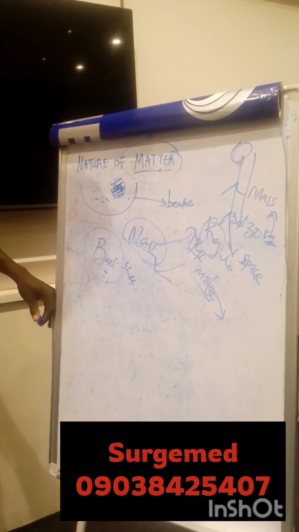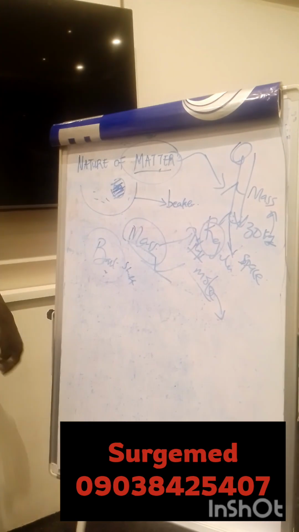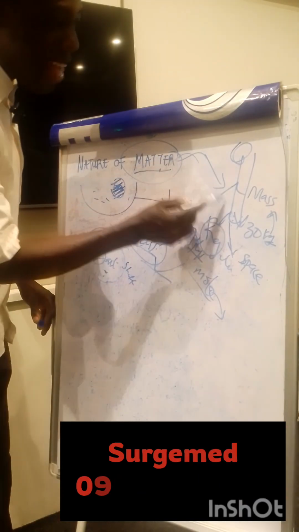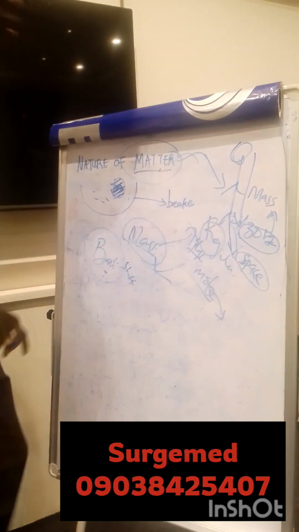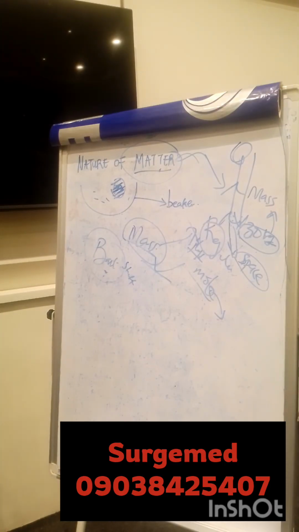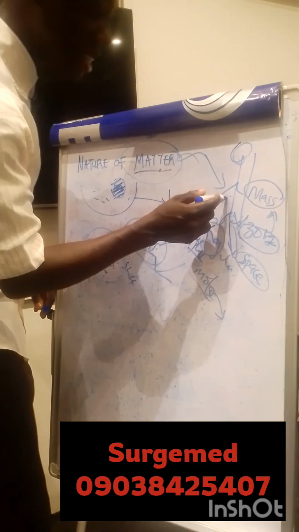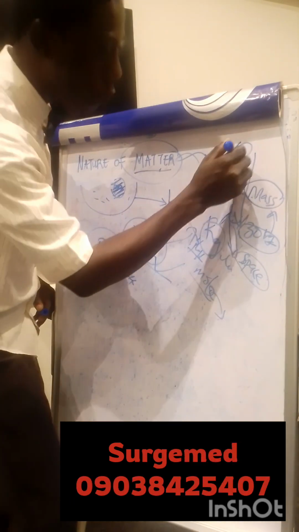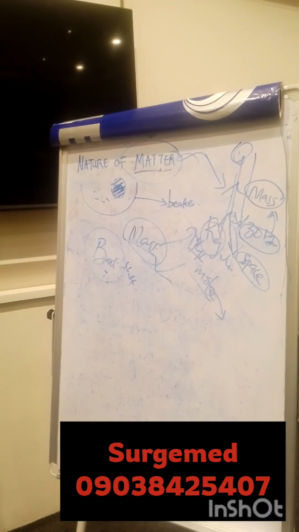So, in short, this person is a matter, because matter is anything that has mass and occupies space. Now, what is my mass? For this person, the mass is the quantity of matter contained in this body, or let's use another word, the quantity of stuff.